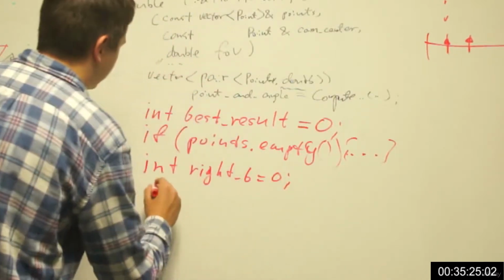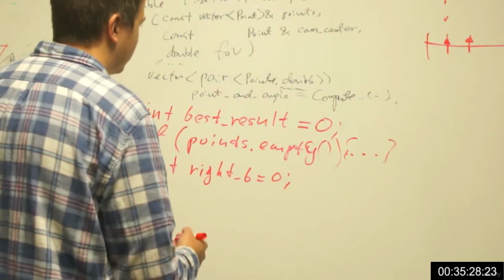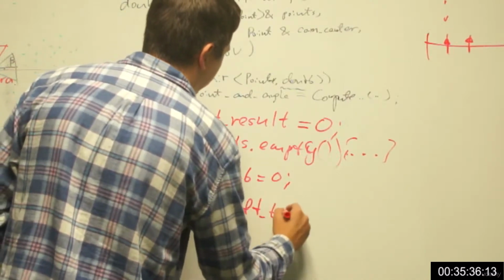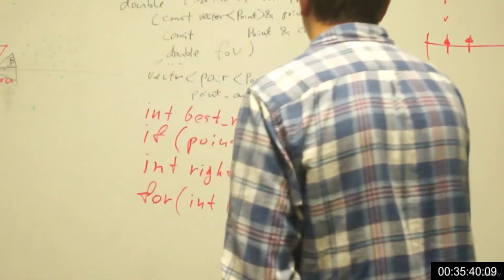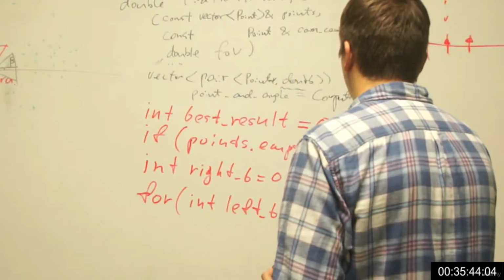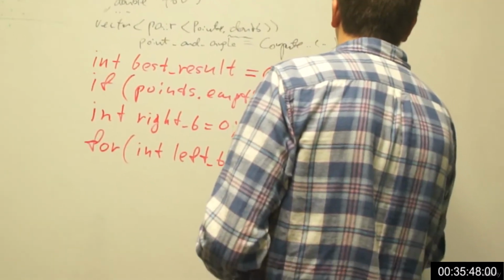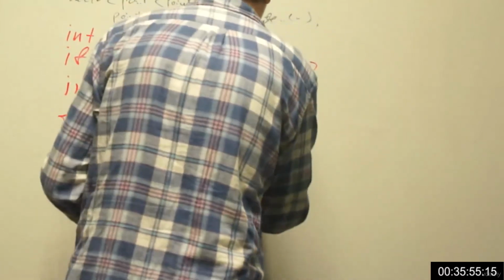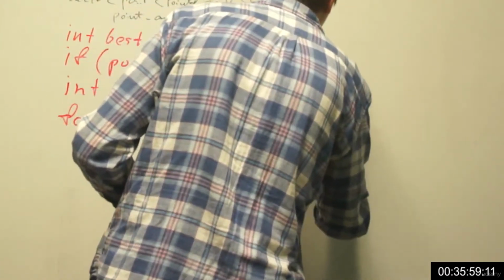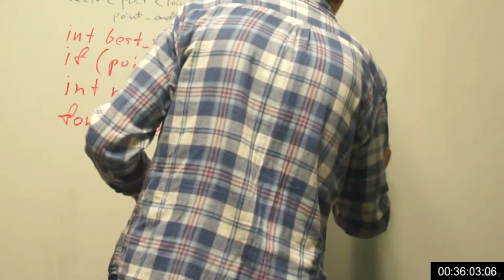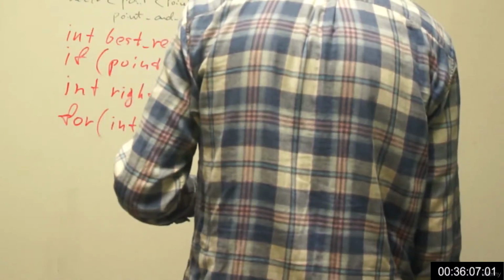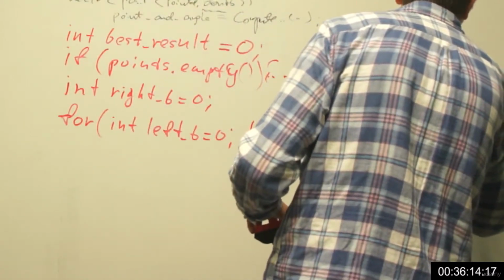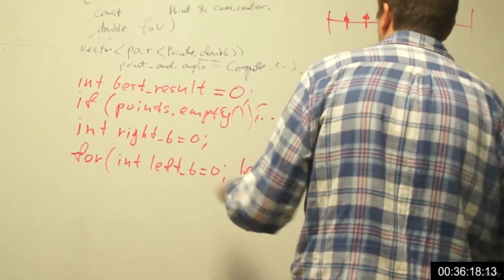Let it be int right bound, and for the left bound we go over int left bound from 0 to the last element in this array, point and angle, while left bound is less than point and angle size, and increase left bound.